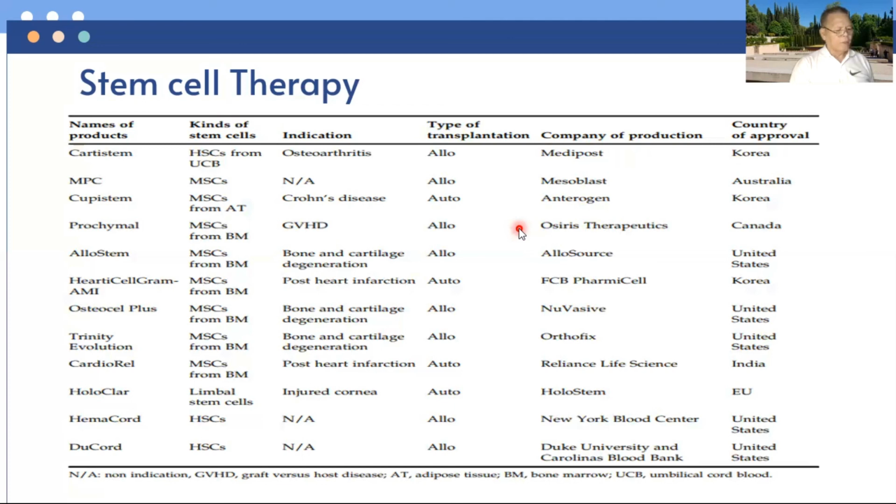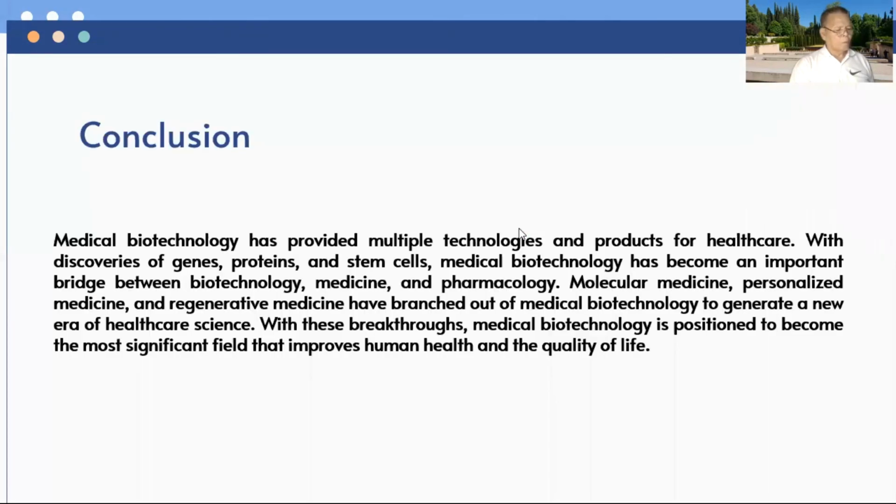Molecular biotechnology, personalized medicine, and regenerative medicine have branched out of medical biotechnology to generate a new era of healthcare science. With this breakthrough, medical biotechnology is positioned to become the most significant field that improves human health and the quality of life. I think that's all for this moment.